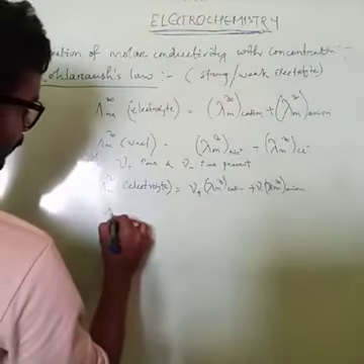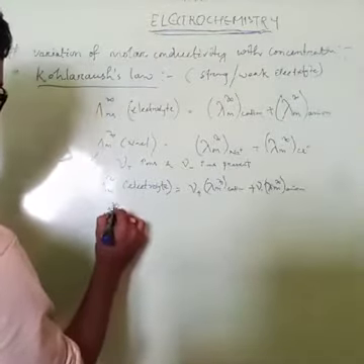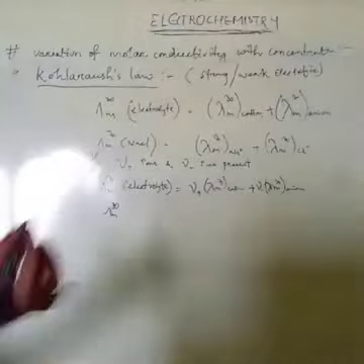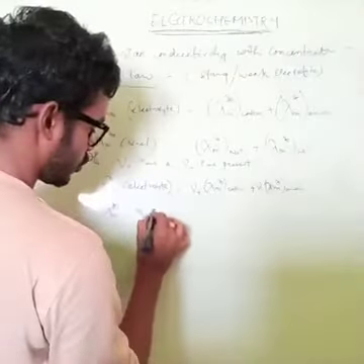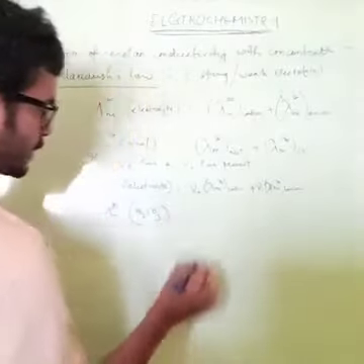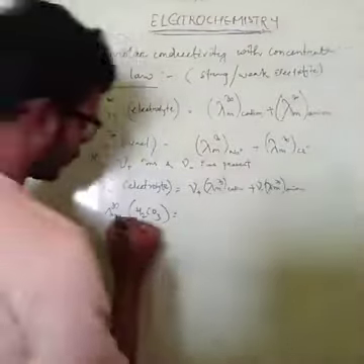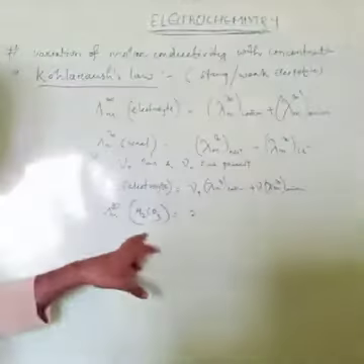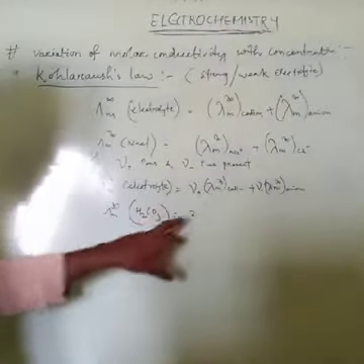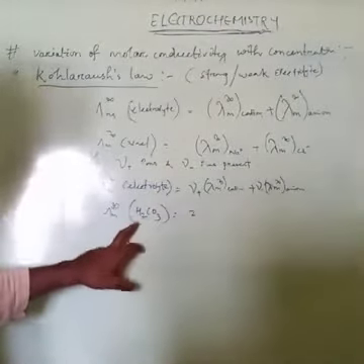Suppose the infinite dilution of carbonic acid H2CO3 is given. So here you know that there are 2 H plus ions. How many? 2. Right?